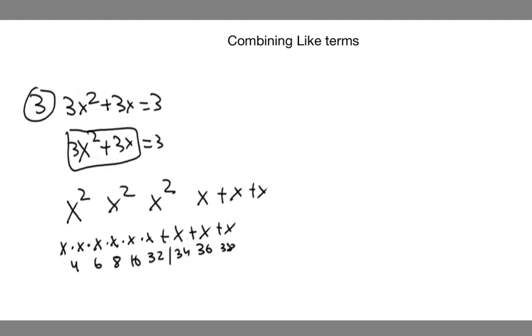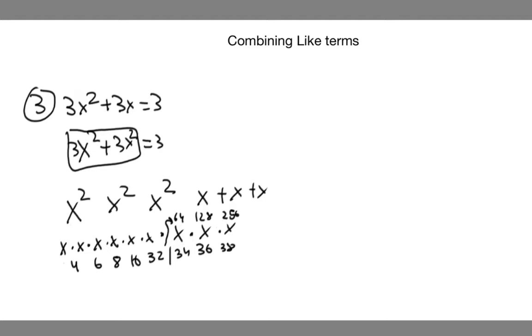Because suppose this was now 3x squared, then you could combine like terms. Then these plus signs would all go away, and we'd now have multiplication signs instead. And where we left off at 32, we're going to continue: 64, then 128, and then 256.